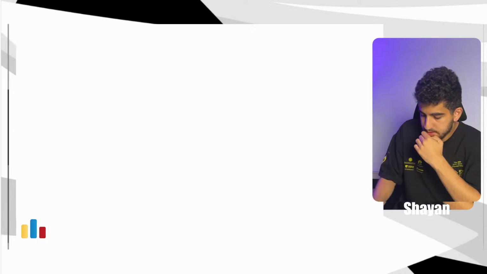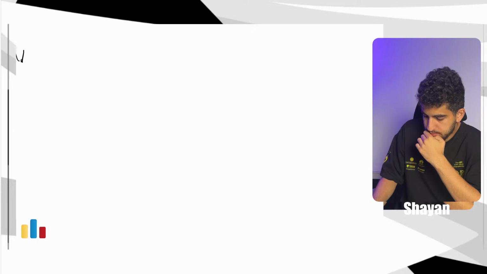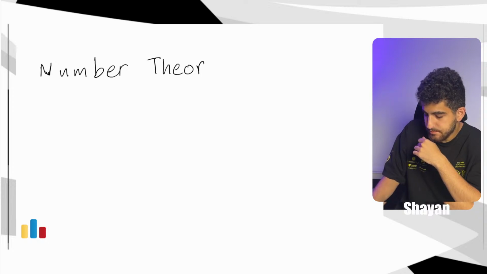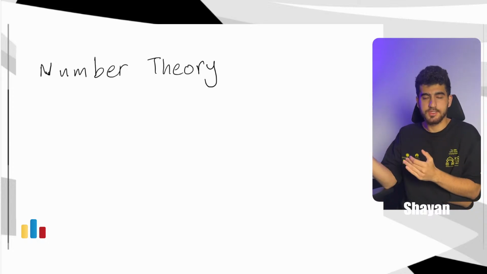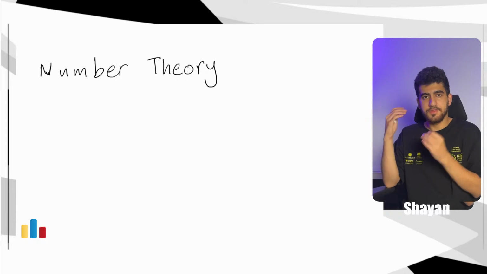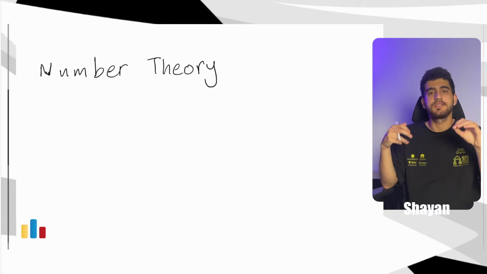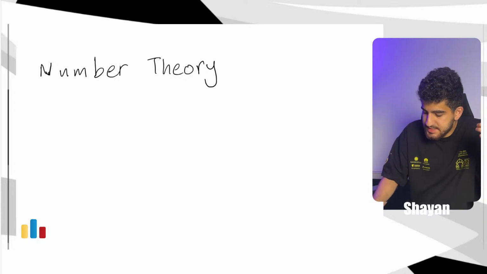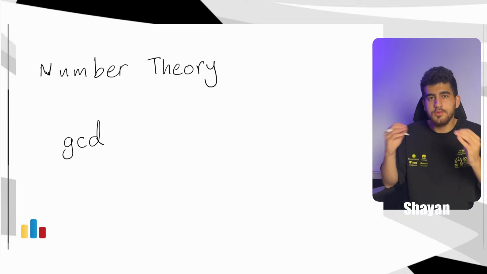Guys, in number theory, there are several topics that have very high importance. One of the most important things that you see in many different problems is GCD. So you have to know what GCD is and how to calculate it.